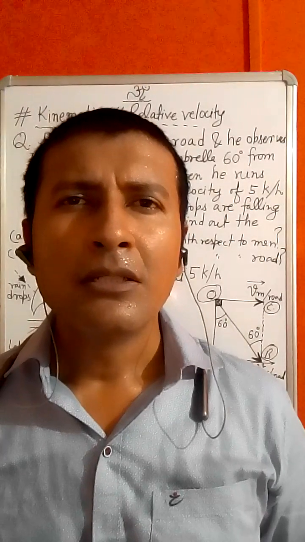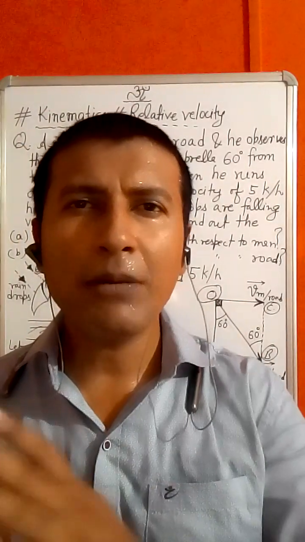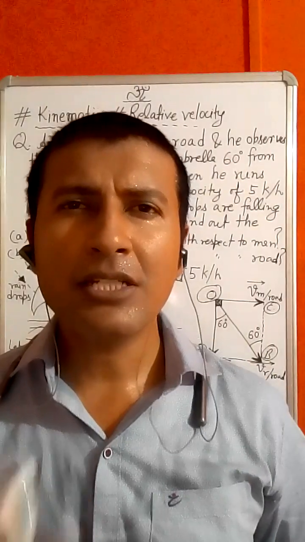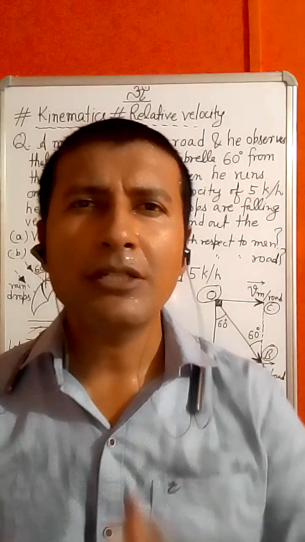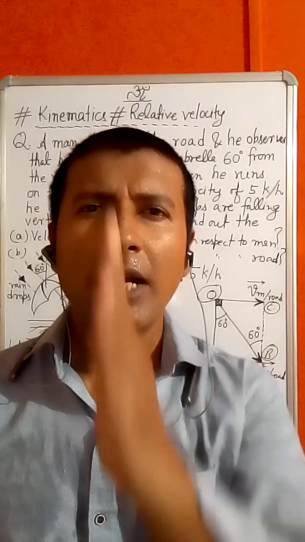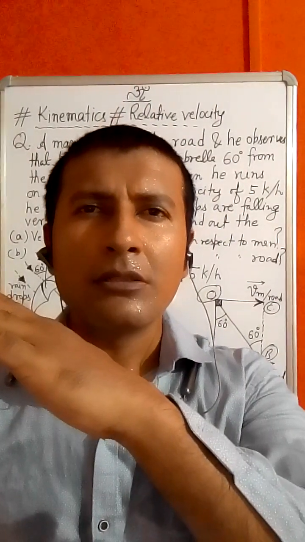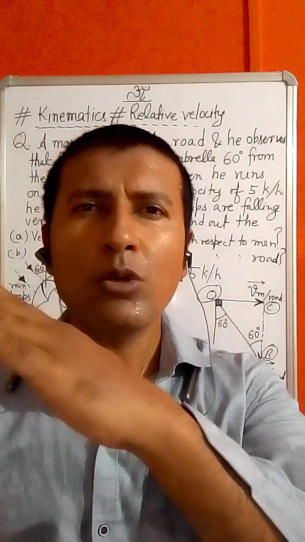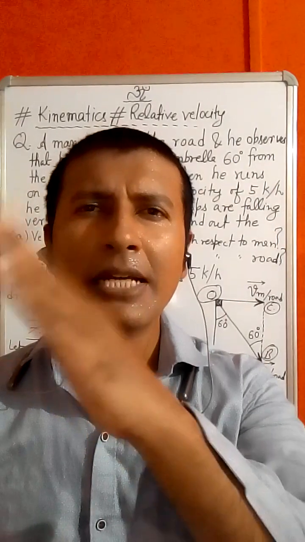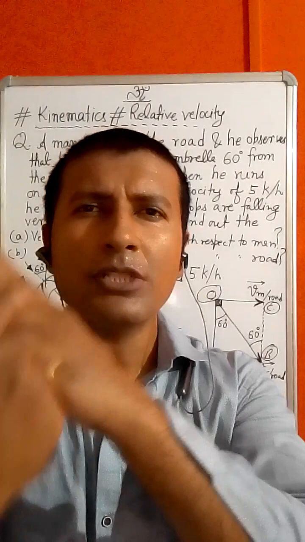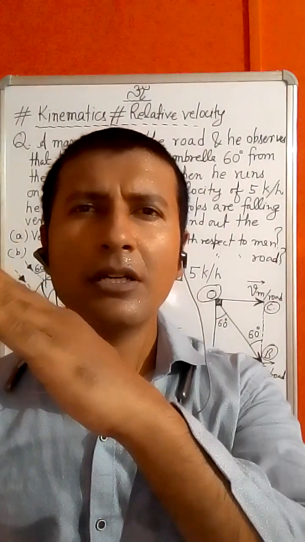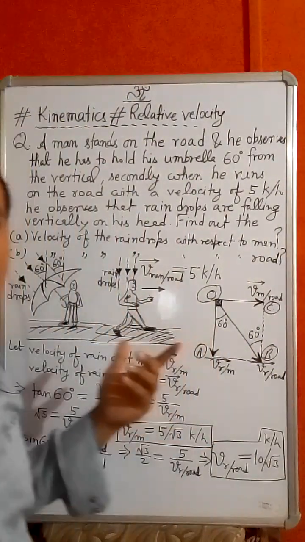Then he holds the umbrella by making an angle of 60 degrees from the vertical. This is vertical and this angle is 60 degrees. Now look at the diagram here.